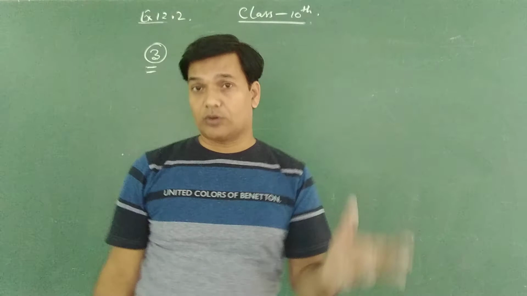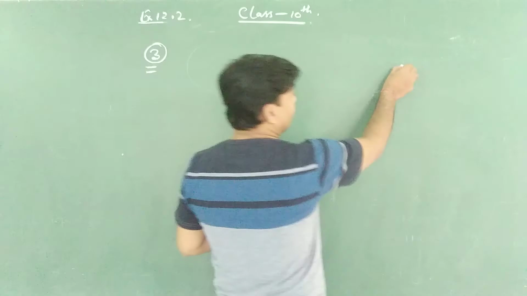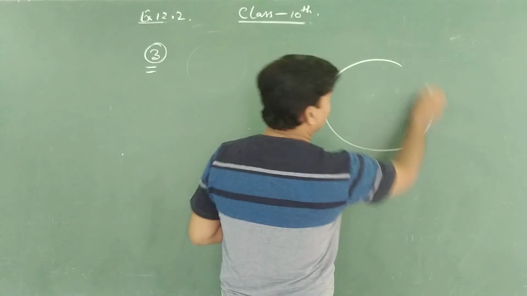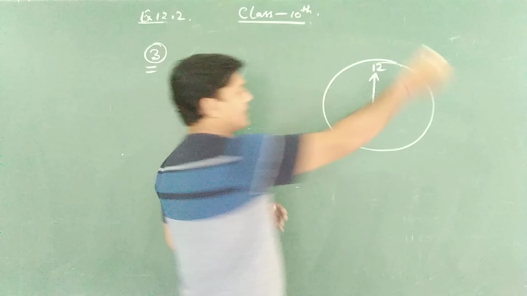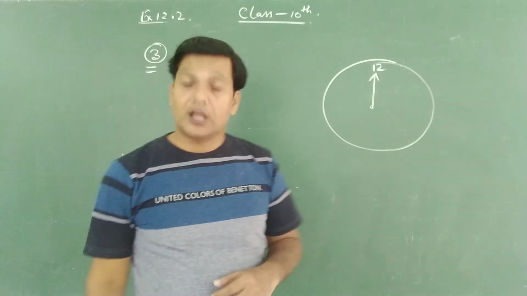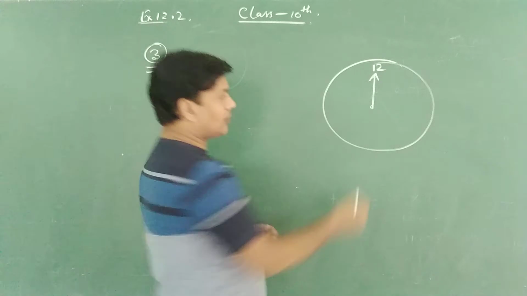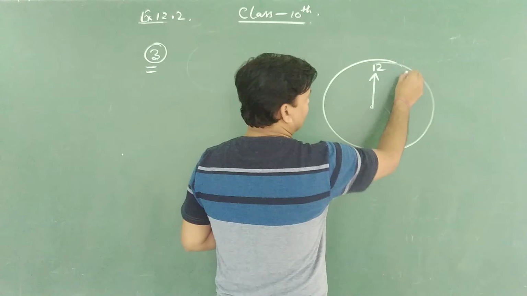So as you know, this is our clock and this one is our minute hand. Suppose it is at 12 on top. After 5 minutes, obviously ये 1 पर आ जाएगा.